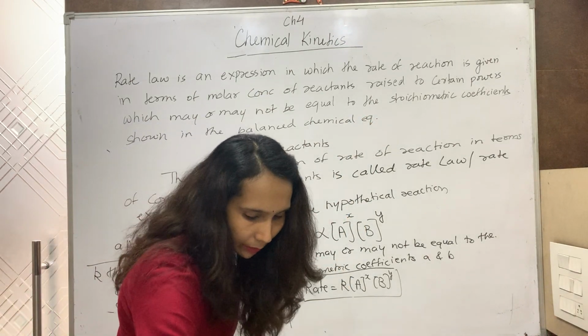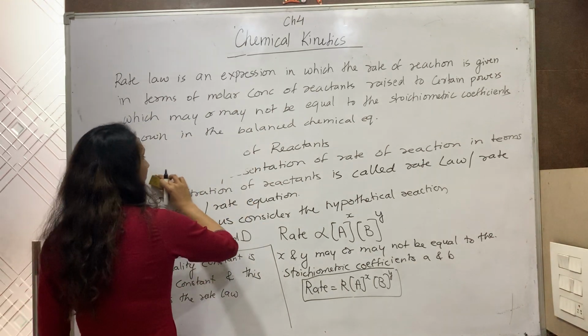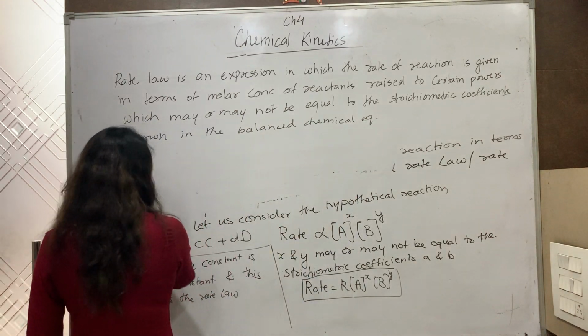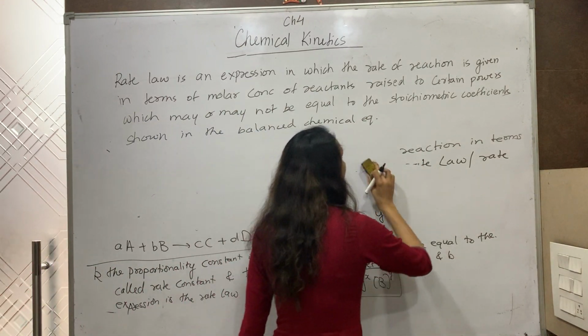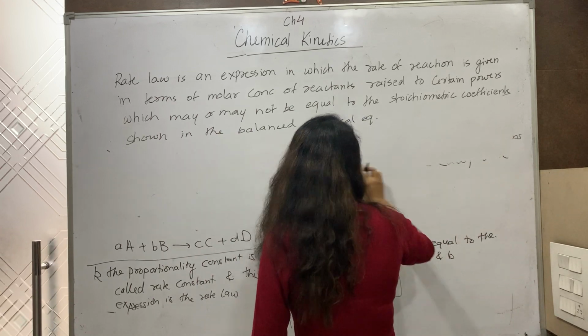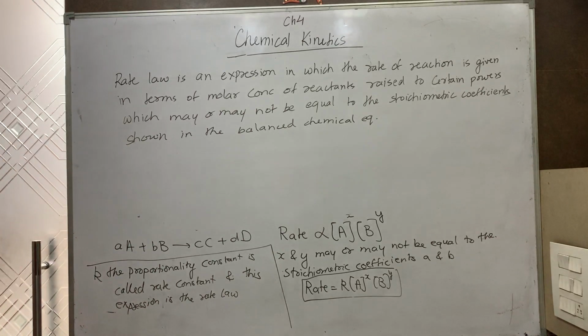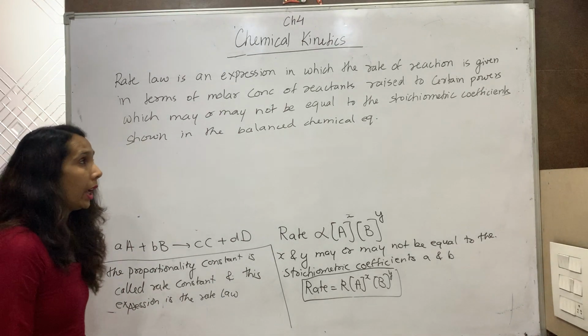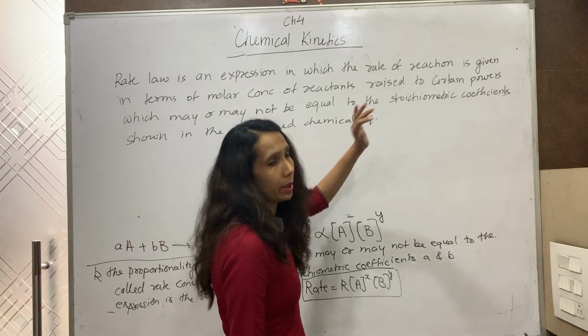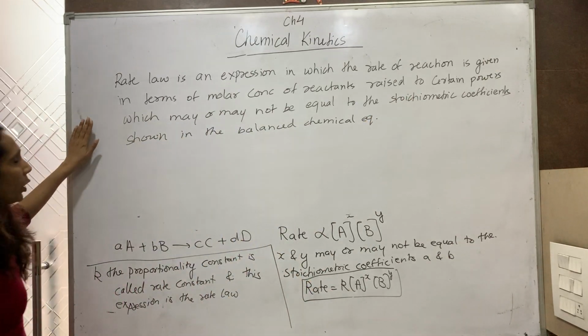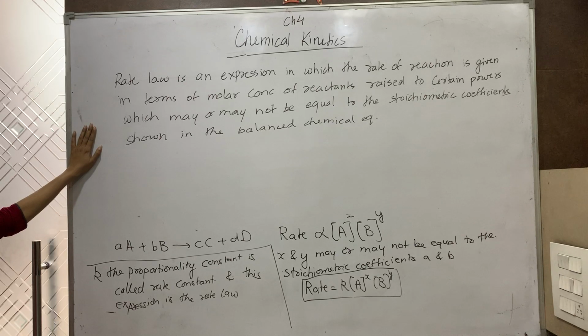Again, I am repeating. Rate law is an expression in which the rate of reaction is expressed in terms of molar concentration of reactants raised to certain powers which may or may not be equal to the stoichiometric coefficients shown in a balanced chemical equation.